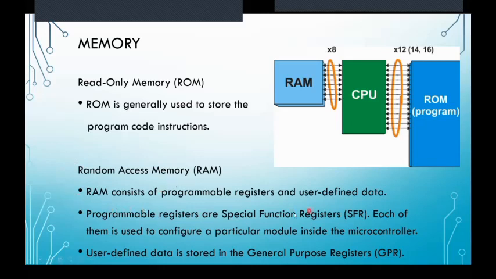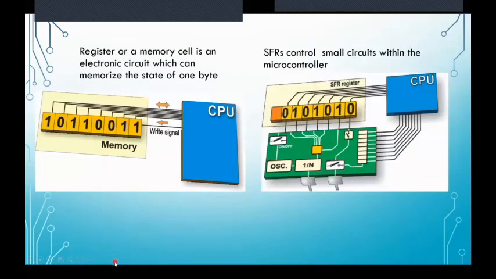And it also has special function registers, and it has general purpose registers. So each special function register is used to configure a particular module inside the microcontroller. And the general purpose registers, GPR, they are used to store user defined data.